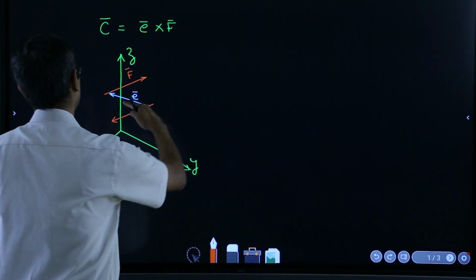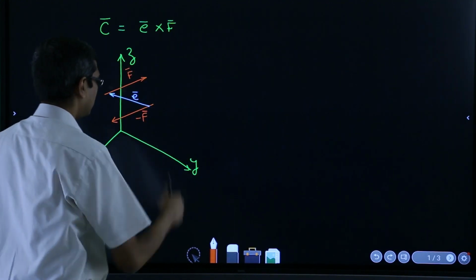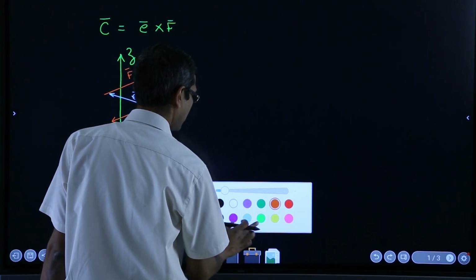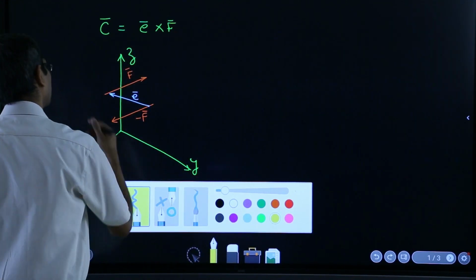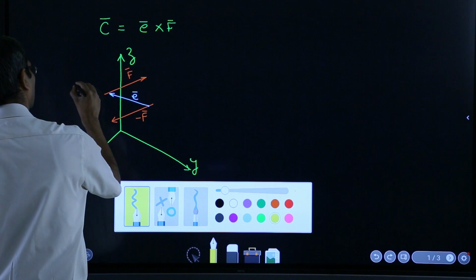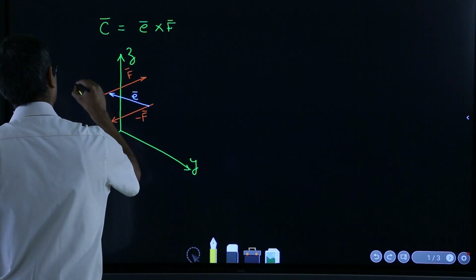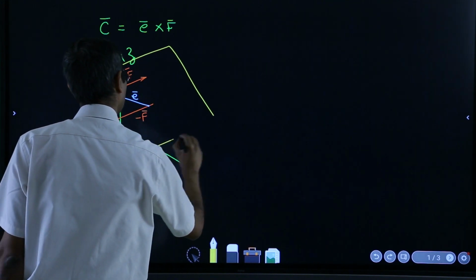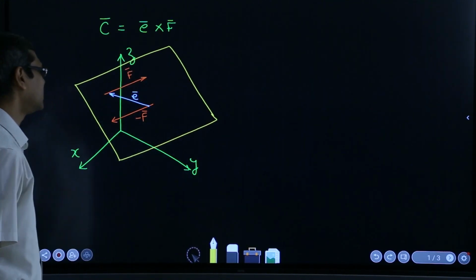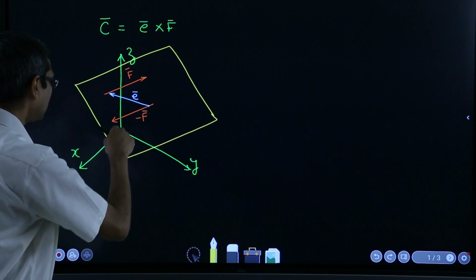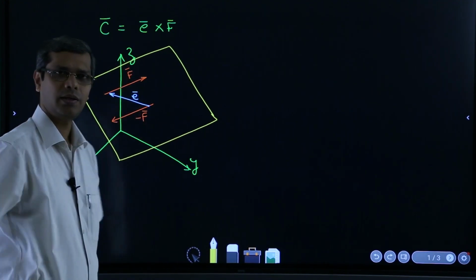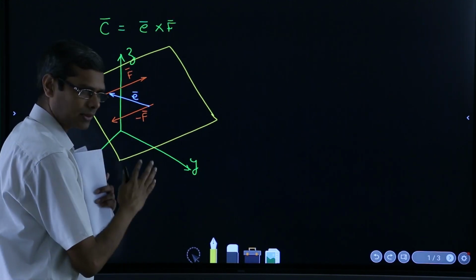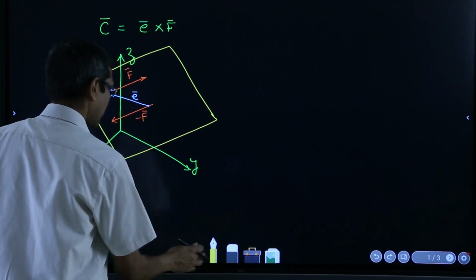And then if you turn E towards F, you will get a downward thing, and to visualize that, as I mentioned last time, it is always good to have a plane drawn like that which can be assumed to contain these vectors, and then you can think that the moment C is perpendicular to this plane which contains these two. It is not necessary, but it is useful.